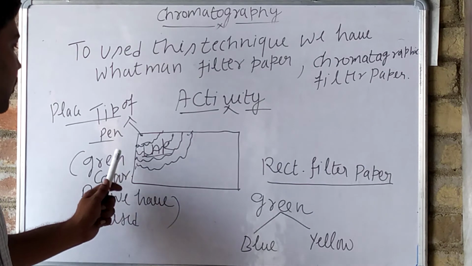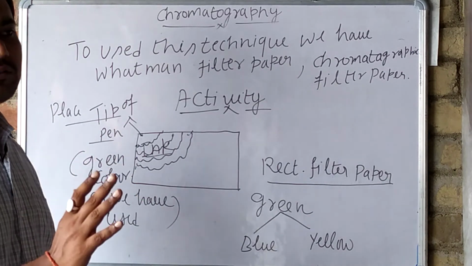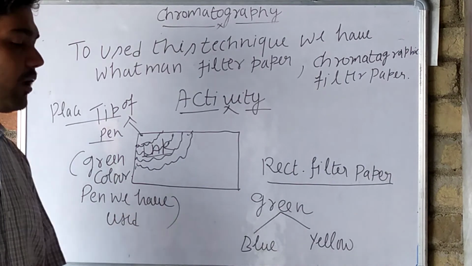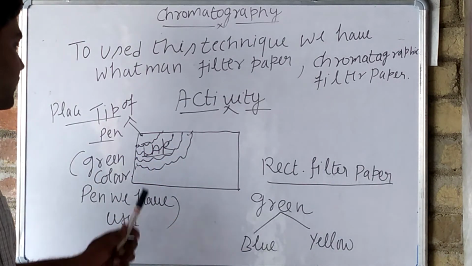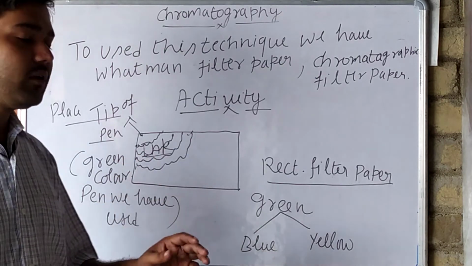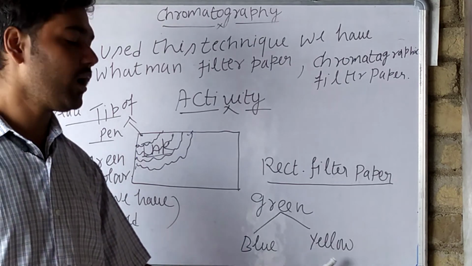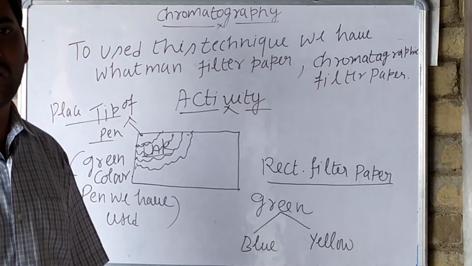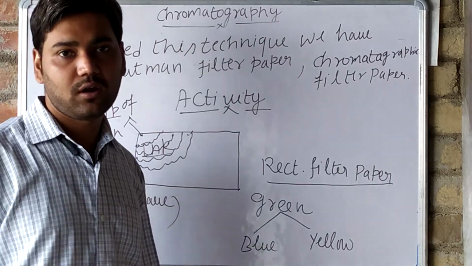First we see only the green color, but as soon as we touch the solvent, the green color separates into two components, blue and yellow. So this process is known as chromatography.